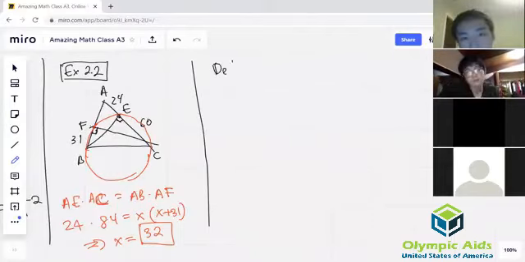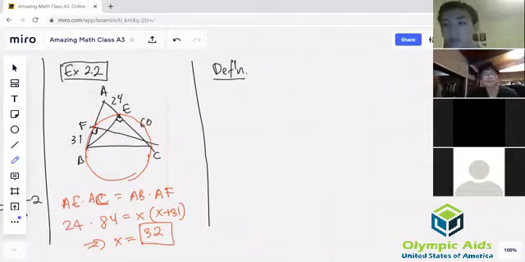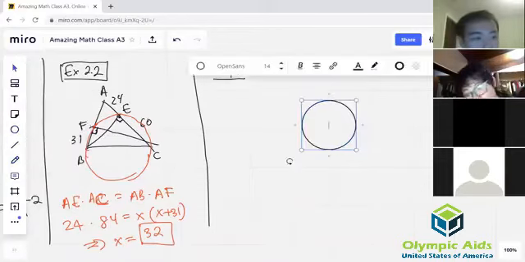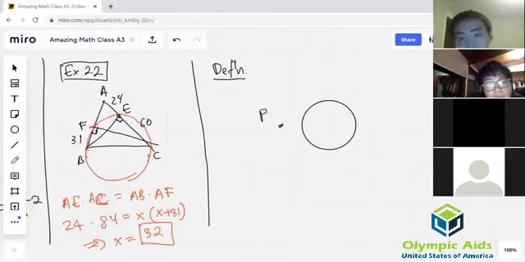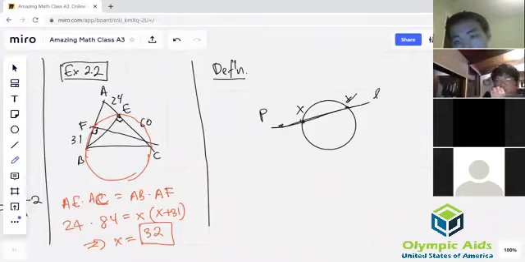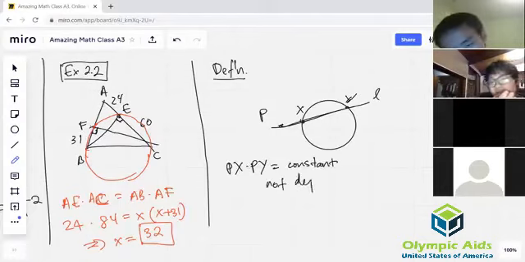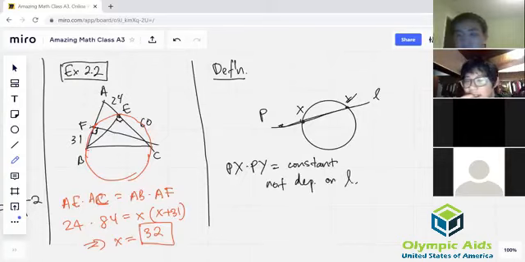So now we'll move on to a definition. So notice how if you have a circle and you have a fixed point P, then we know no matter what line we draw, pick arbitrarily, call this line L, we know that PX times PY is constant, not dependent on L, right?